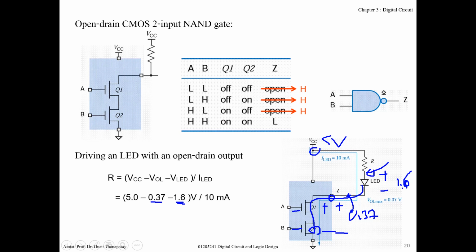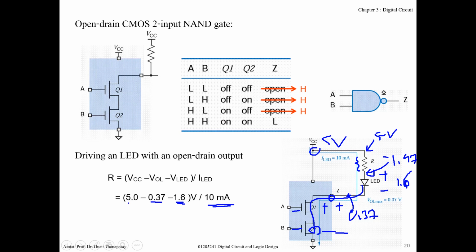It is 1.6 plus 0.37, so this point is 1.97, and this point is 5. So the voltage across this resistor is 5 minus 1.97.